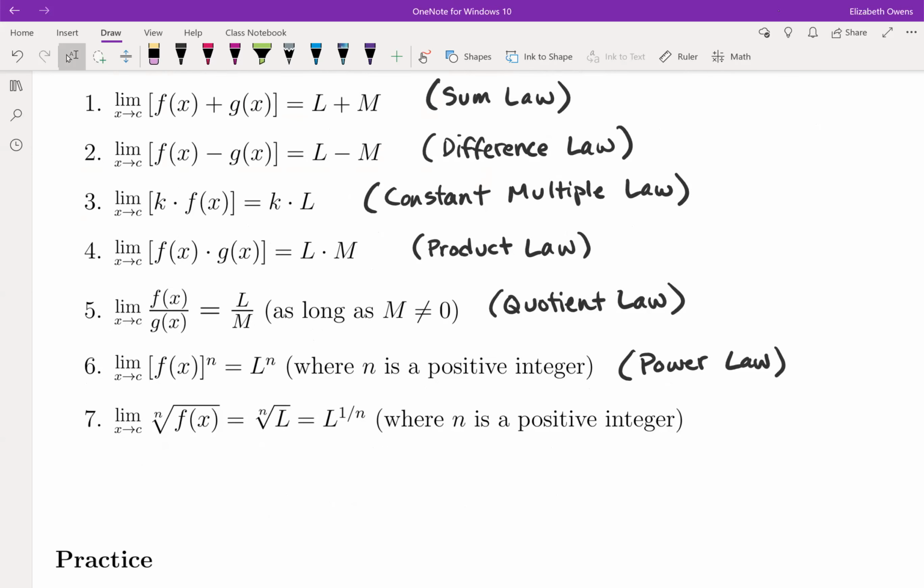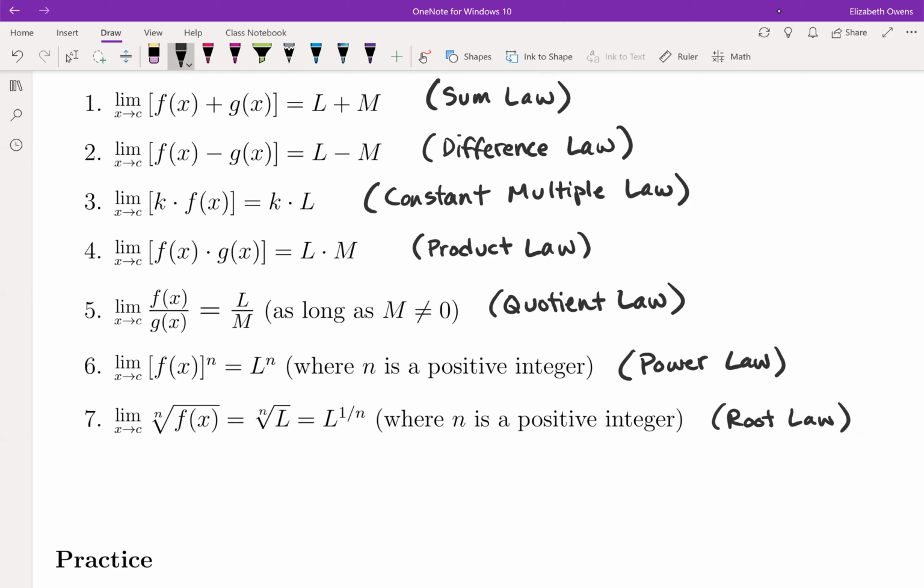And then you can do the same type of thing if it is a root instead of a positive integer power. All right, so n is still a positive integer, but now we are making it the index of a root instead. And so this is called the root law.